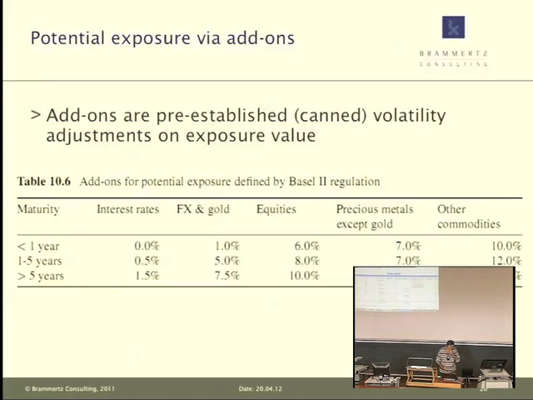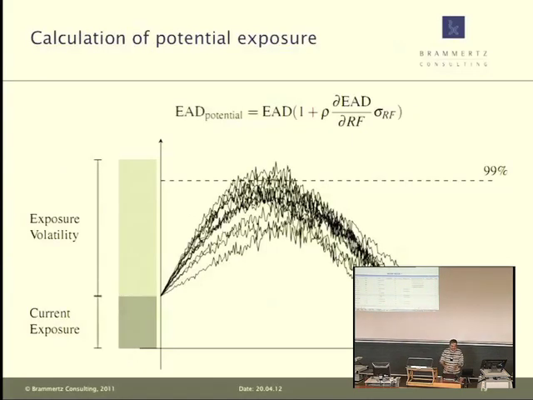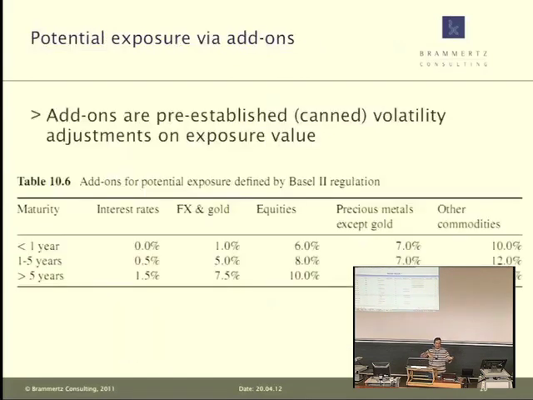So they don't have the possibility. There is a lot of experience with such things, and there are rule of thumb values for it. So if you know this type of instrument, you have to add so much. This type of instrument, you have to add so much. That's what it is. And this is a classical table here for add-ons.